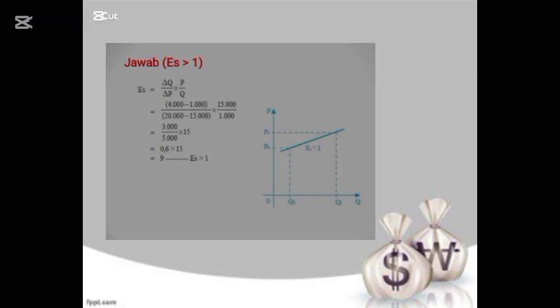Formula: ES equals delta Q by delta P times P by Q. 4,000 minus 1,000 is 3,000. 20,000 minus 15,000 is 5,000. 15,000 divided by 1,000 is 15. 3,000 divided by 5,000 is 0.6. 0.6 times 15 is 9. So we can see the elastic supply curve, ES greater than 1.